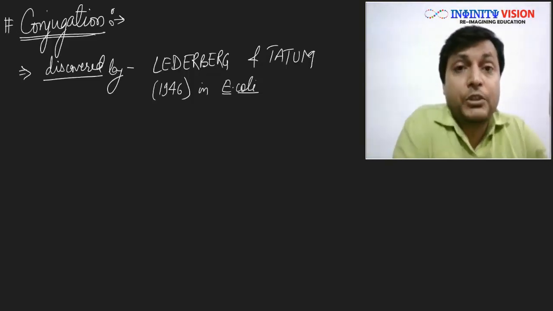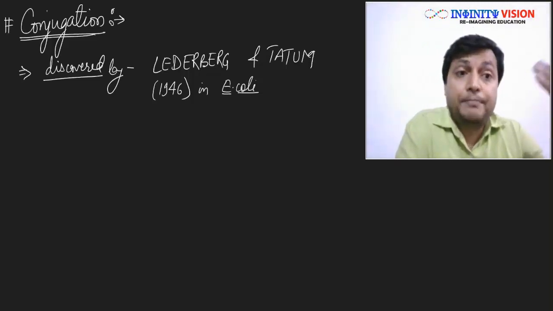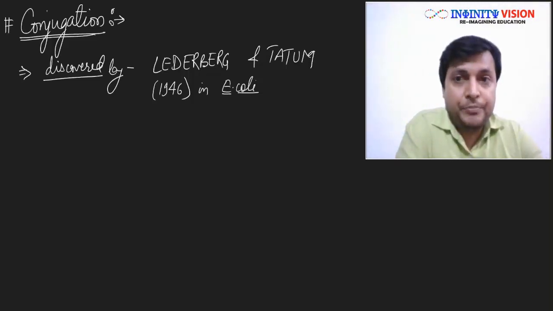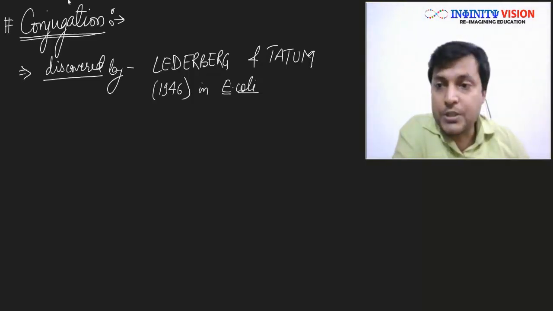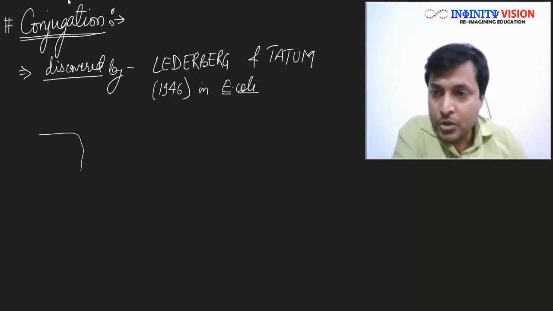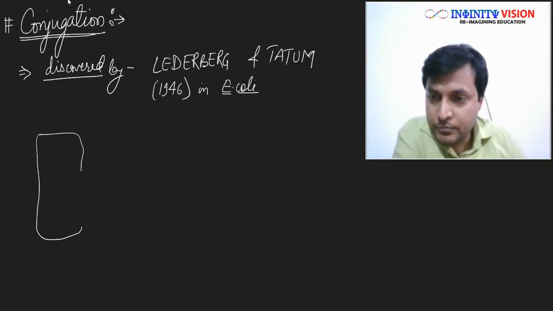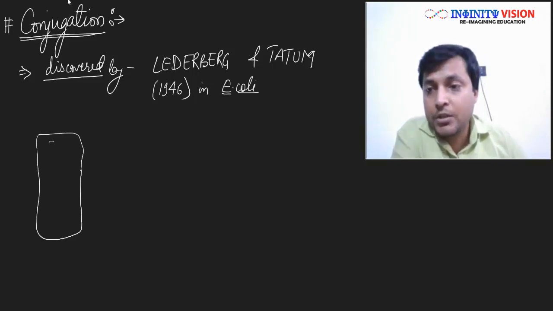At the same time, when we were talking about the F plasmid or F factor, then also we spoke of conjugation. Correct? Let us see how it happens. So suppose this is a bacterium. Okay, this is a bacterium and this is its genetic material.